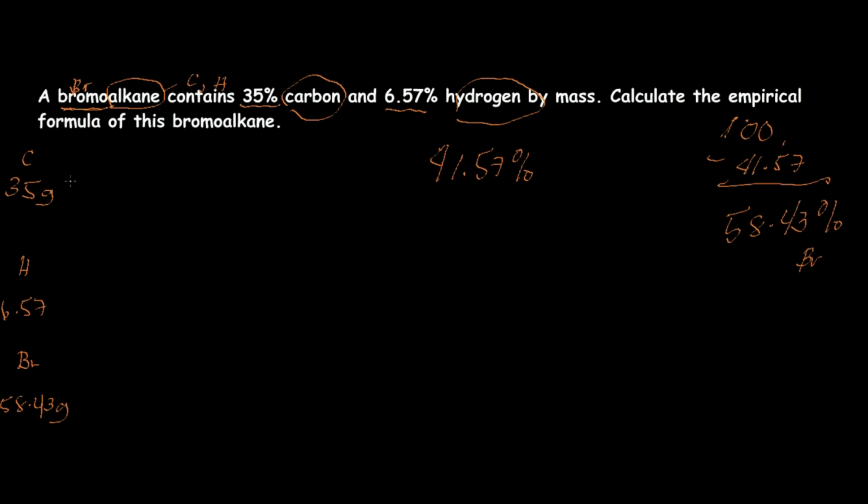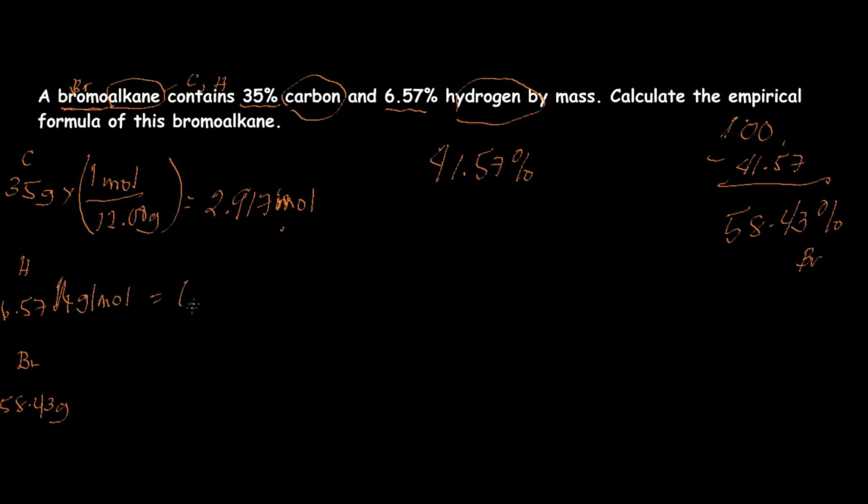The next step is to determine the number of moles. You do this by multiplying by the molar mass, so 1 mole divided by 12.00 grams. This will give us 2.917 moles. For hydrogen, just divide this by 1 gram per mole.